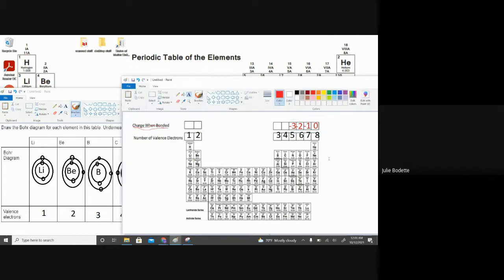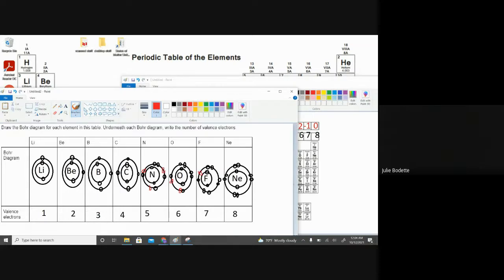Okay. Carbon is where things get interesting, because carbon has 4 electrons. So carbon could gain 4, right? We could get 1 here, 1 here, 1 here, 1 here, right? 4 more electrons. Or carbon could lose 4.